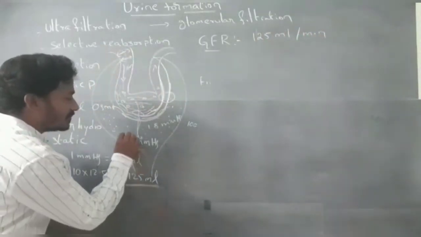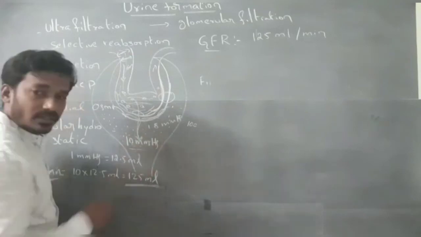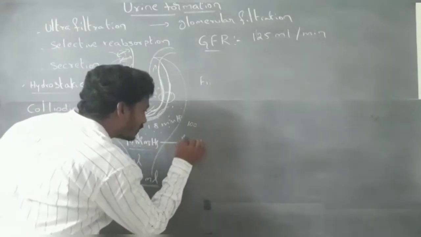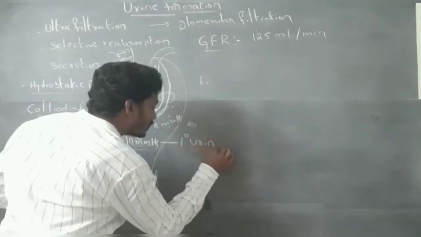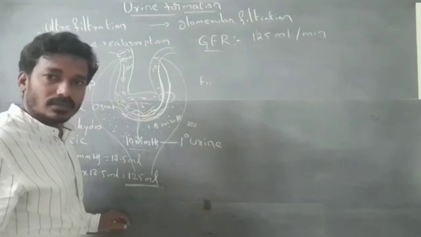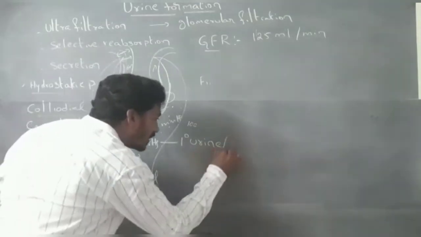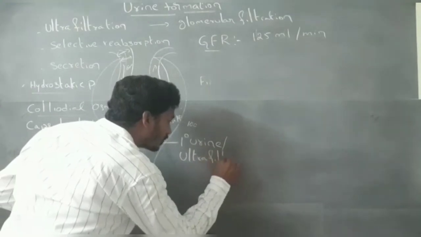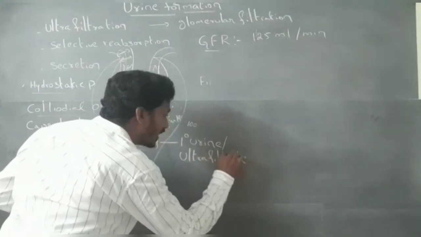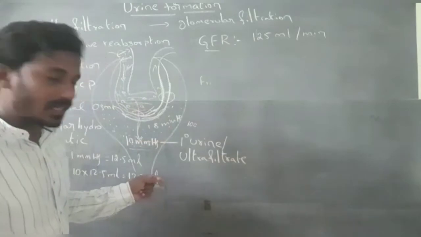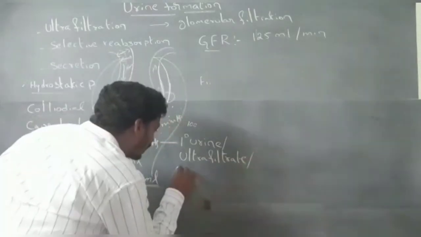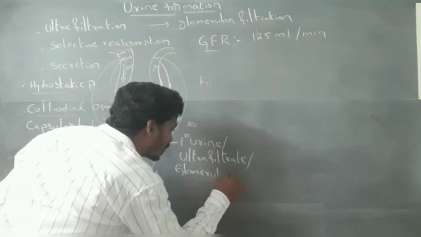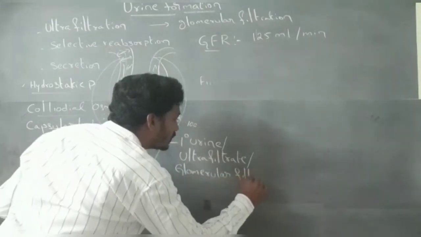This filtrate is called primary urine, or ultrafiltrate, or glomerular filtrate.